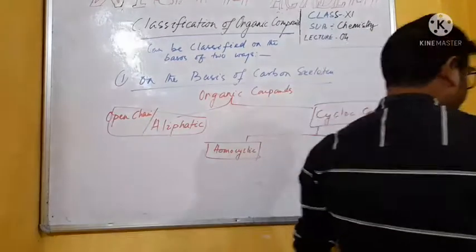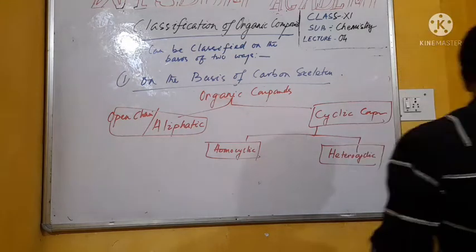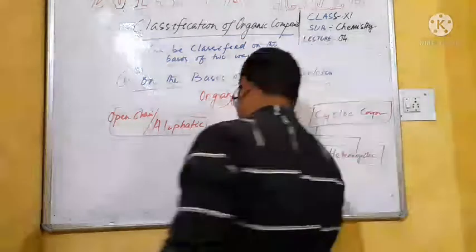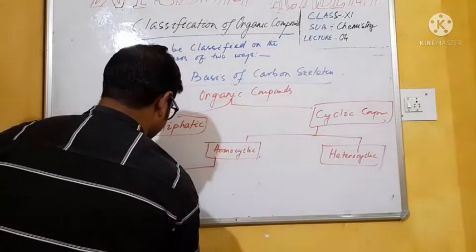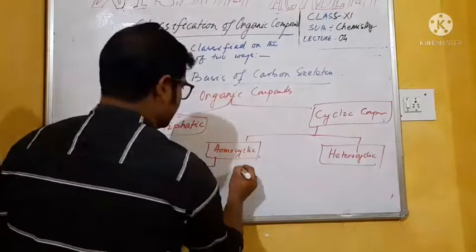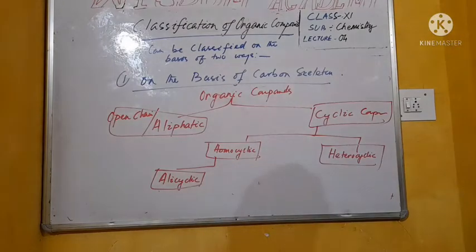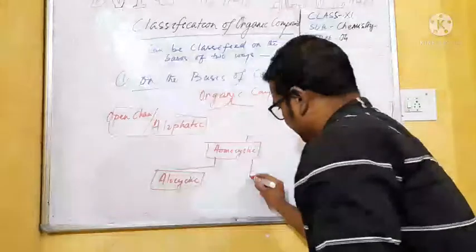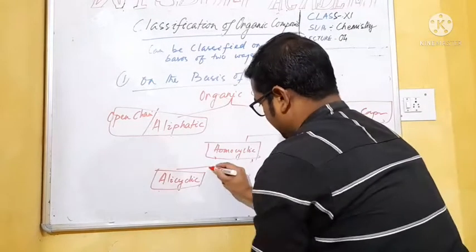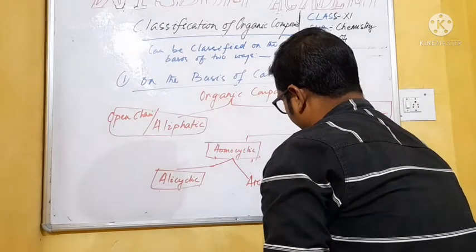Homocyclic is again further divided. Students, homocyclic is further divided into alicyclic and aromatics.